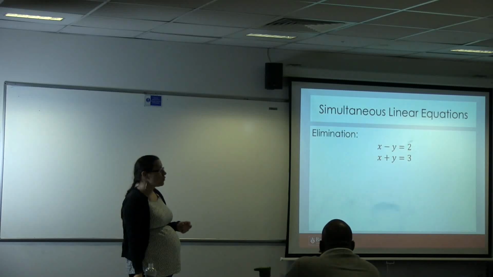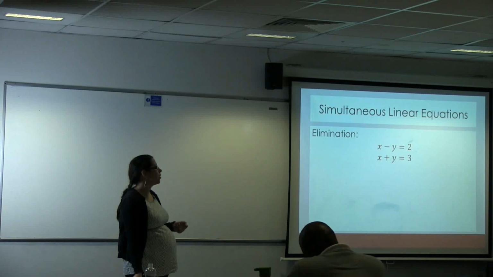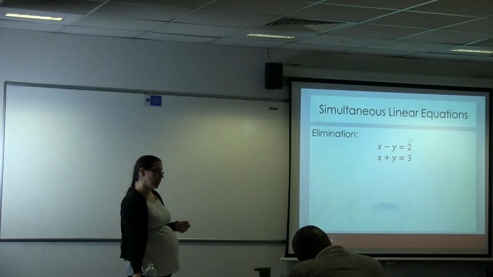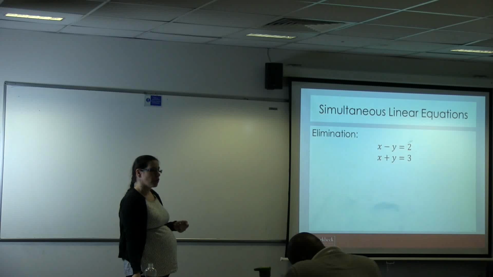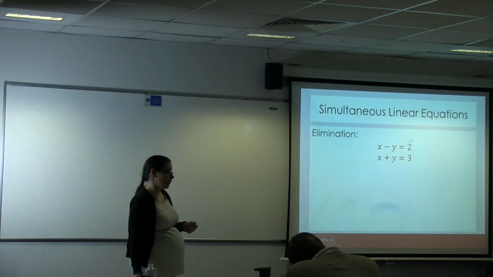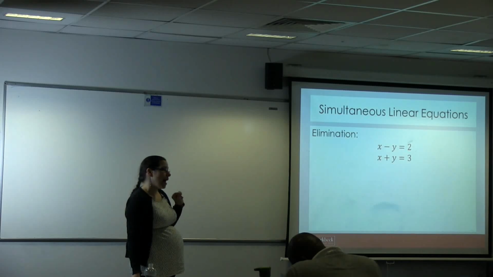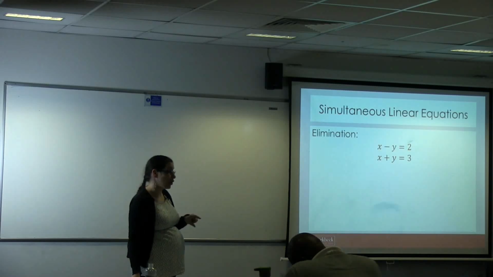So, there are two ways of solving these equations. One method is called the solution by elimination, and the other method is called solution by substitution. So first I'm going to show you the elimination method, and then we'll look at the substitution method. The key of the elimination method is that either the first variables or the second variables have to have the same coefficients.